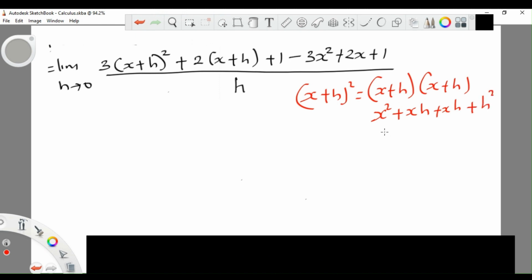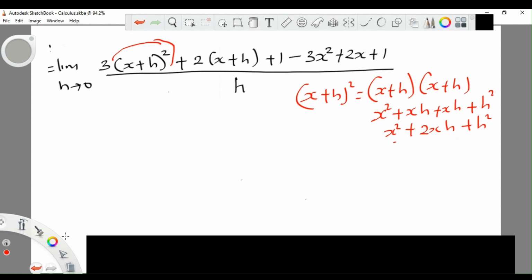So we have x squared plus xh plus xh is 2xh, plus h squared. So x plus h all squared is equal to x squared plus 2xh plus h squared. So I will replace this whole expression with x squared plus 2xh plus h squared.